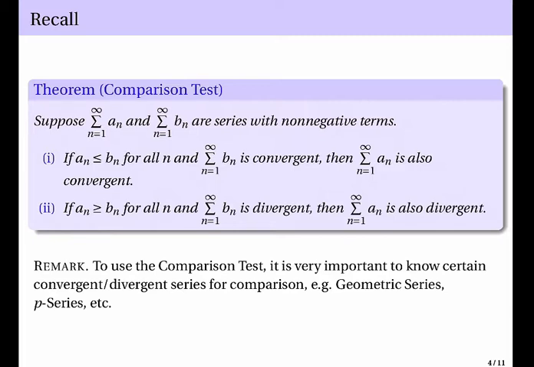However, for this other statement, if something is smaller and is already divergent, then everything bigger than that smaller something will also be divergent. Okay?